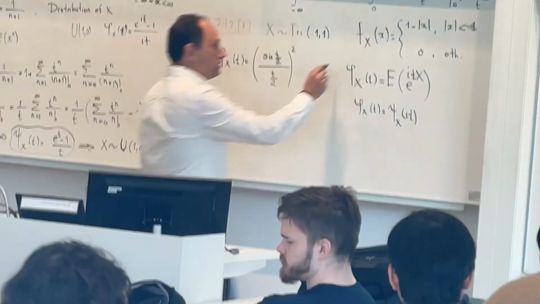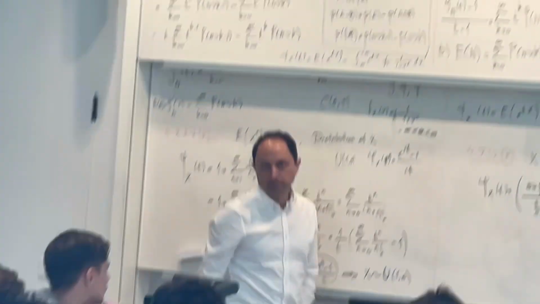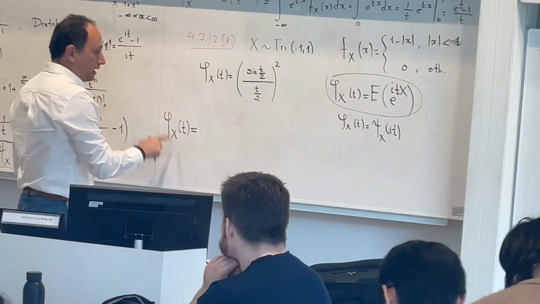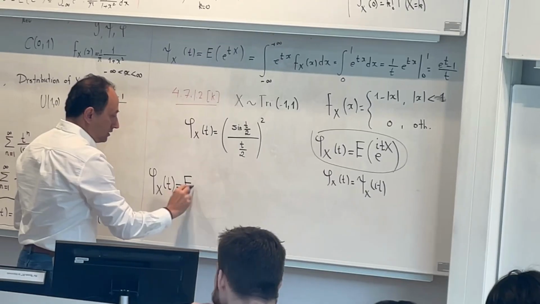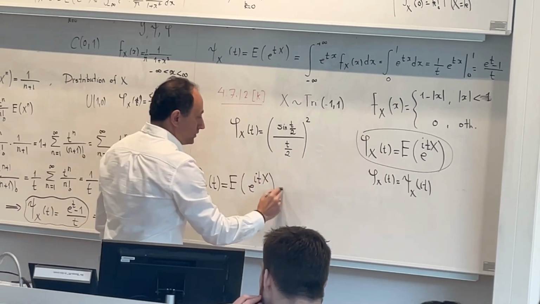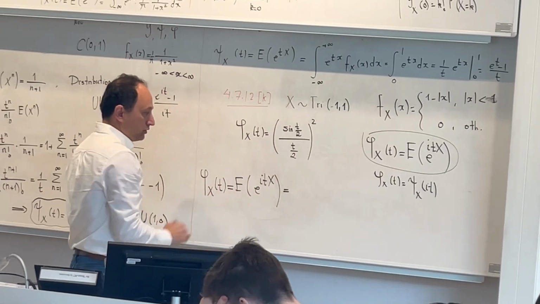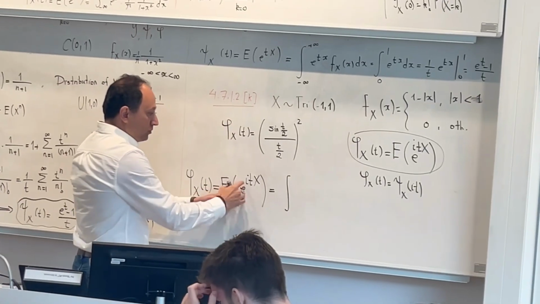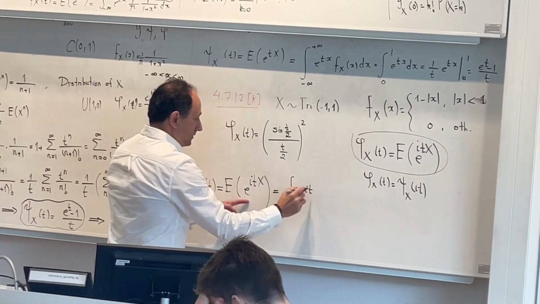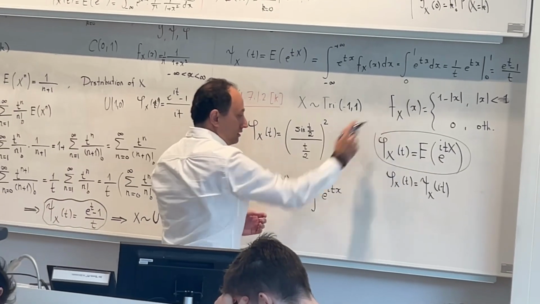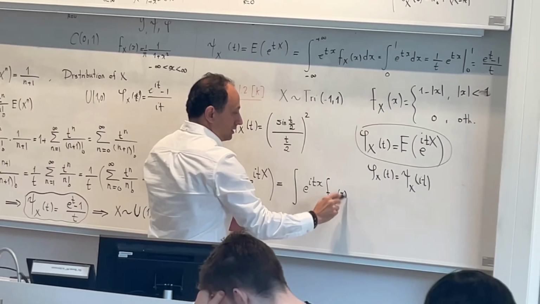So what I'm saying is that this is your definition. Okay? So the first thing I do is write the definition, and then I put in the formula for the expectation. What is that? It is the integral of e to the power i t x, little x, multiplied by this function, dx.